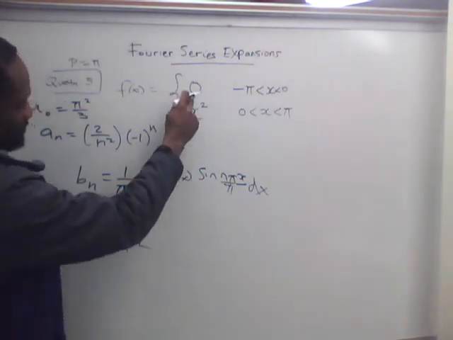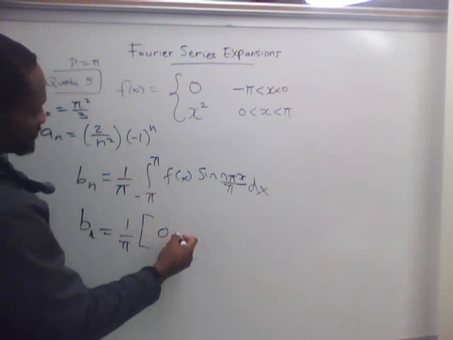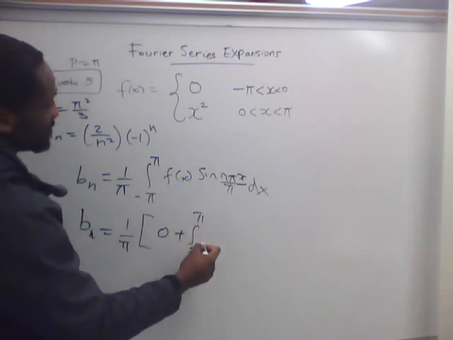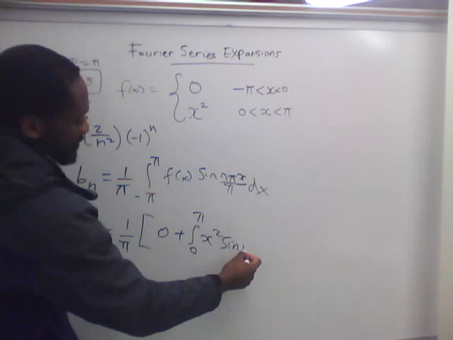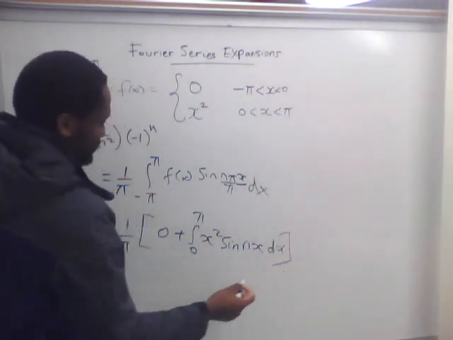The first integral goes to 0, and the second integral is from 0 to pi of x squared sine nx dx.